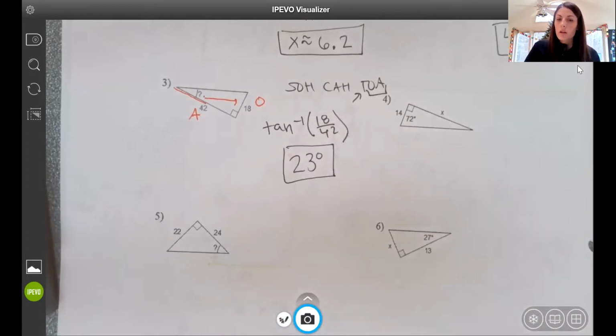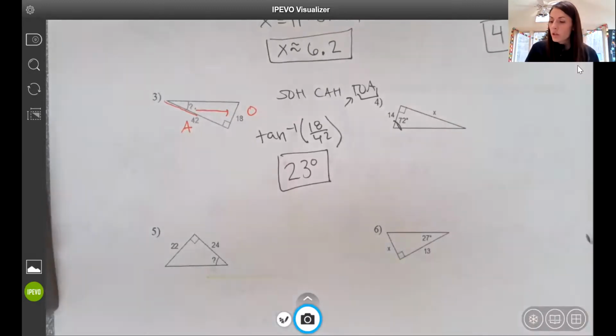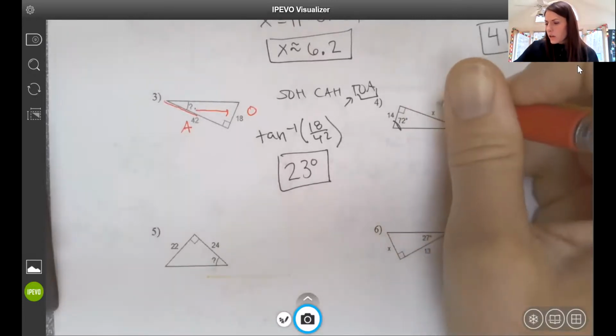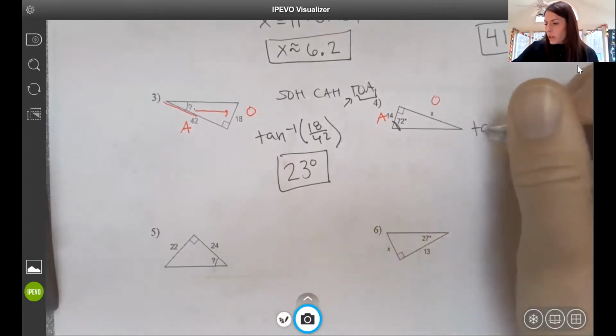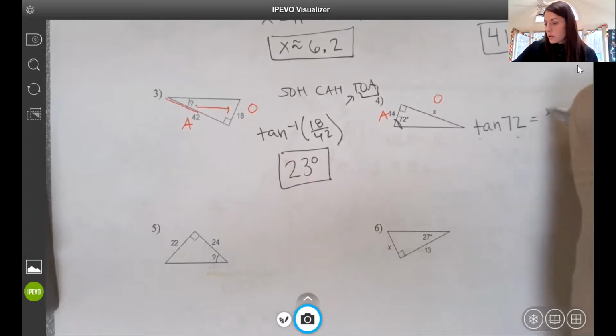Okay, so for this one, here's my angle. Am I using regular trig or inverse trig to solve for x? Regular, yeah. And I have opposite and adjacent again, so that's tangent. I know my angle, so the tangent of 72 equals x over 14.